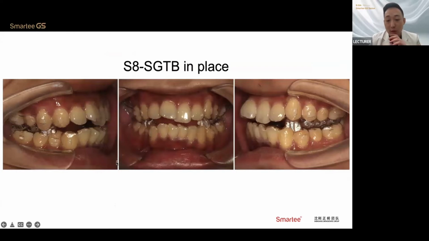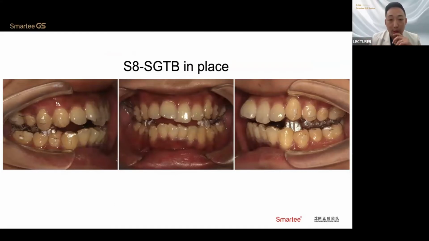As you can see, the two blocks here, the left and the right, are not the same height. That's because of the canting of the occlusal plane, which you know is shifted to the left, and he also has the canting of the occlusal plane problem.